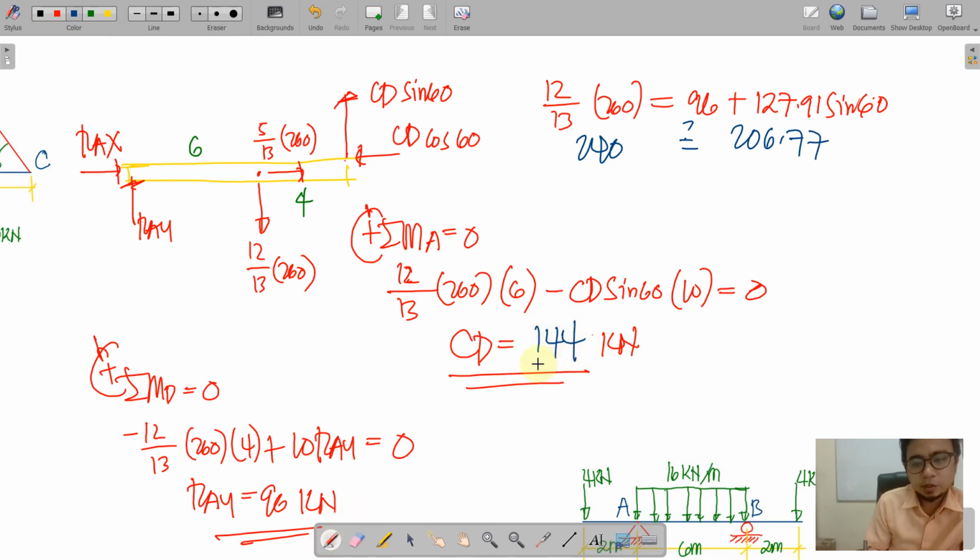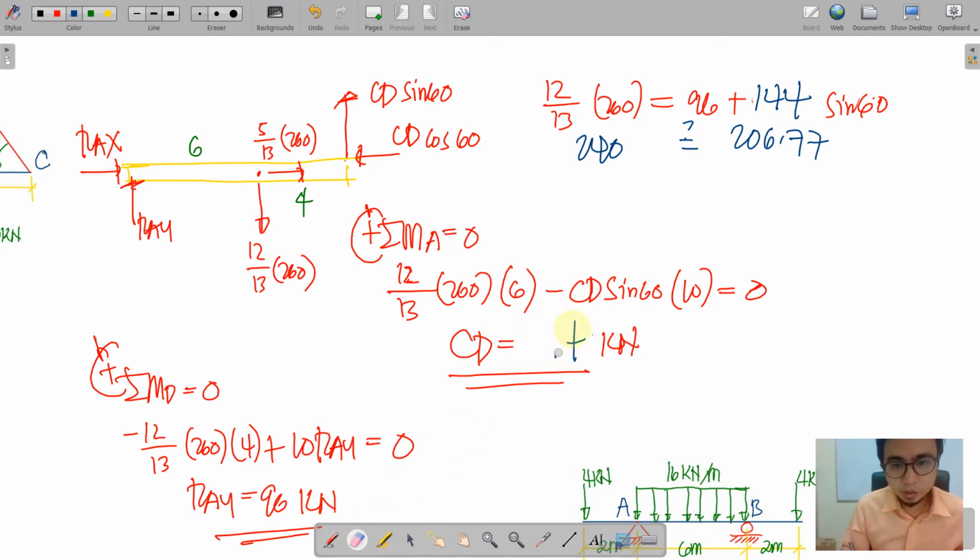Now if this is equal to 144, then we have this to be equal to, and still it's not equal to 240 if we're going to have this one.